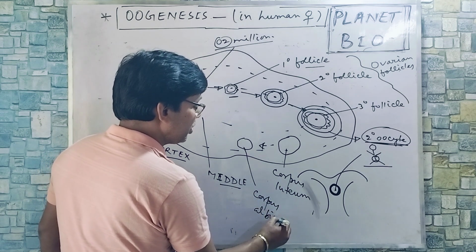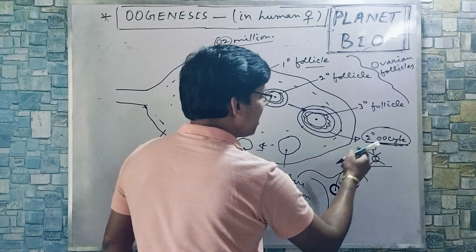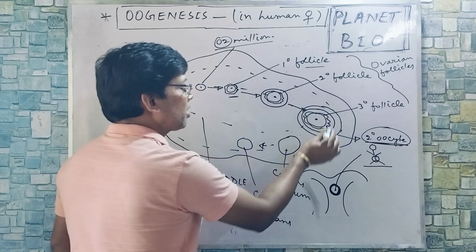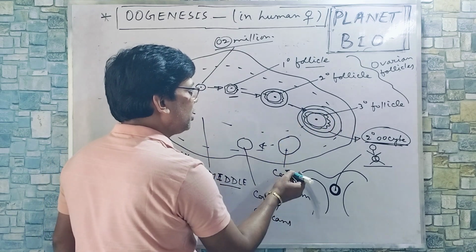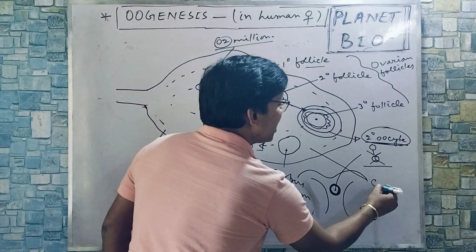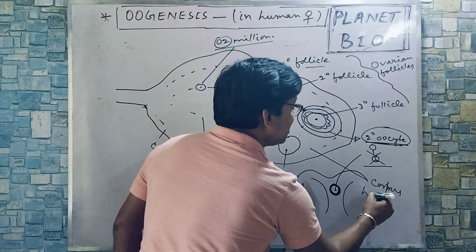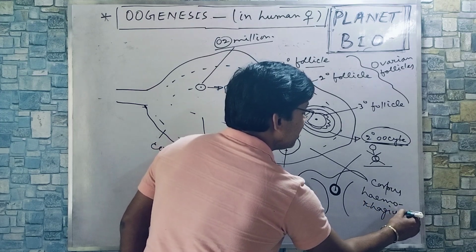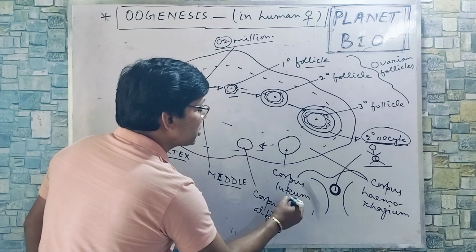What has happened? After the release of secondary oocyte as an ovum, ovulation, this entire structure, the covering, the ovarian follicle, has become corpus hemorrhagicum. ये आजकल नहीं बताया जाता. It is reddish. And then it becomes yellowish luteum.